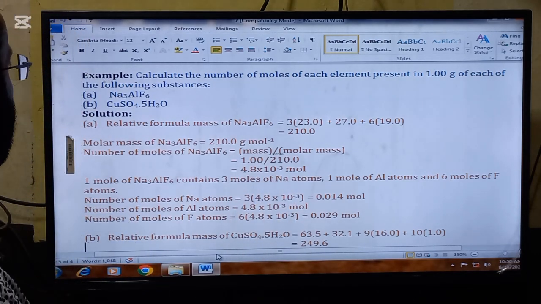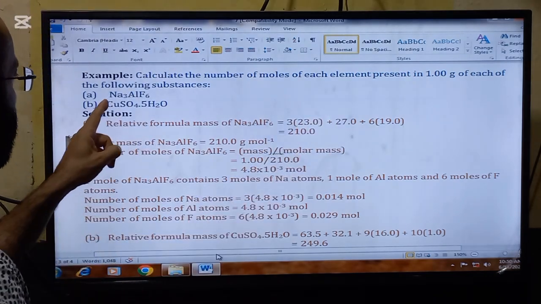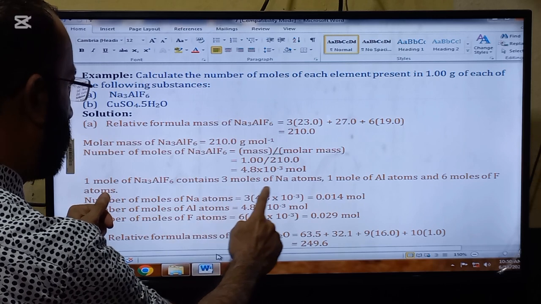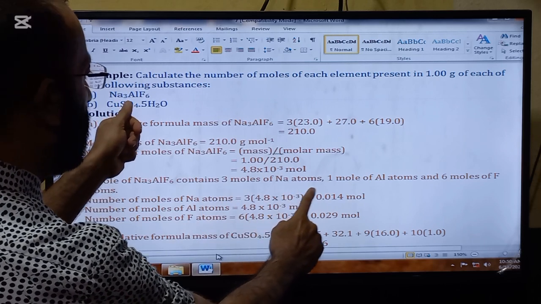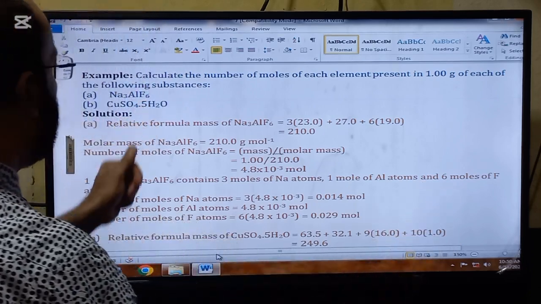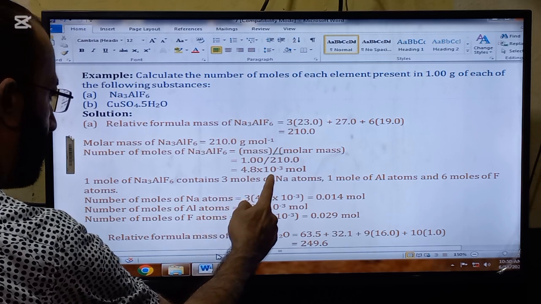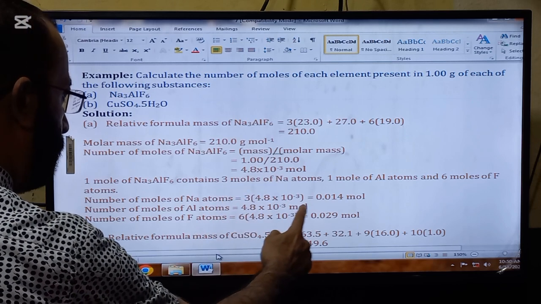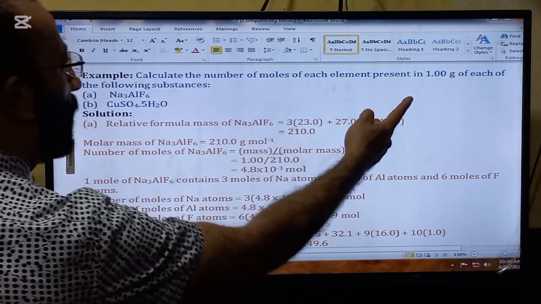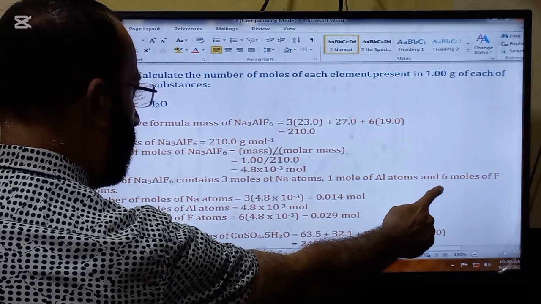Now the requirement is to calculate the number of moles of each element. Sodium has 3 moles. There are 3 moles of sodium atoms, 1 of aluminium, and 6 moles of fluorine. So just multiply the moles with this value. 3 into 4.8 multiplied by 10 raised to the power minus 3 will be equal to the number of moles of sodium atoms in 1 gram of the substance.